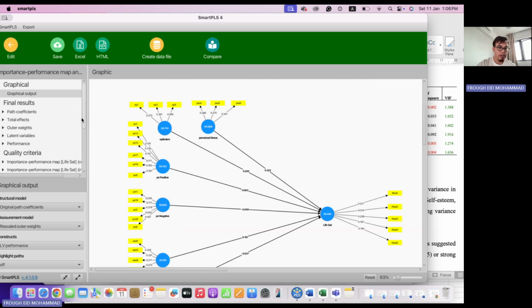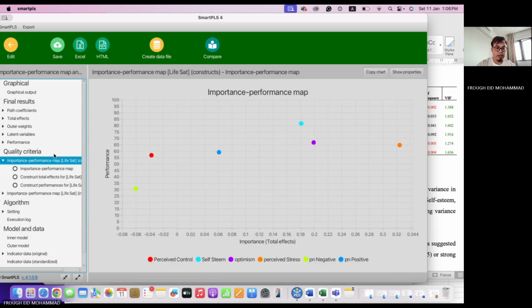So when in here, the map, the importance performance map or IPMA, the most important one, which has the most influence, the most effect on the dependent variable, is the perceived stress.